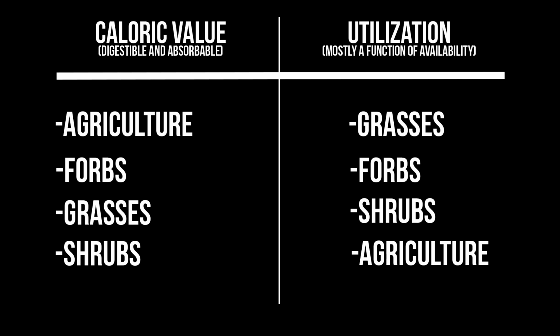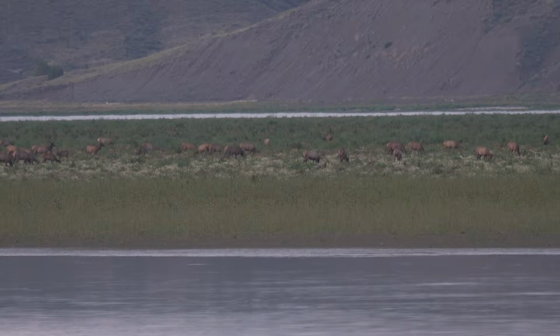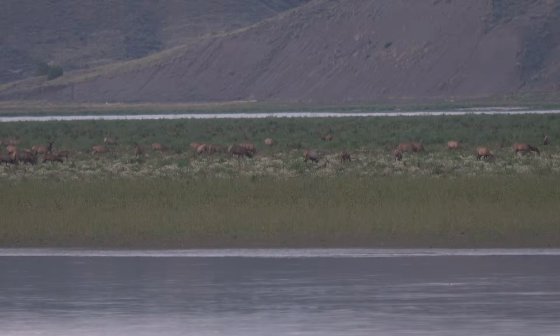And now you might be saying, Randy, why does all this matter? Well, it goes back to the fact that a cow elk is super smart. They know that if they go over here with forbs, they're going to get more benefit per amount of energy they intake and expend to get that forage.